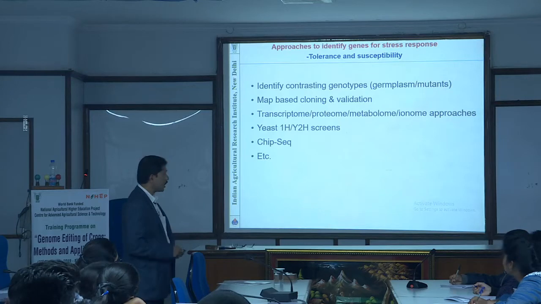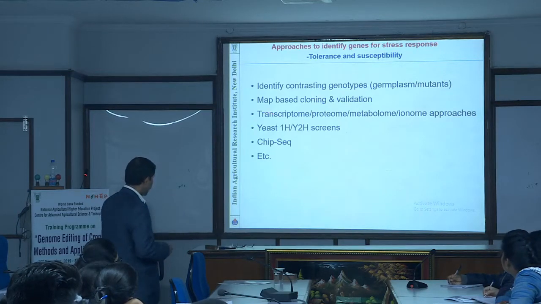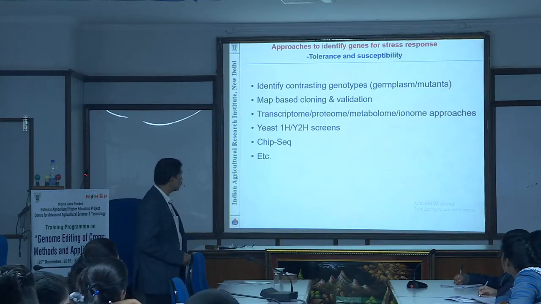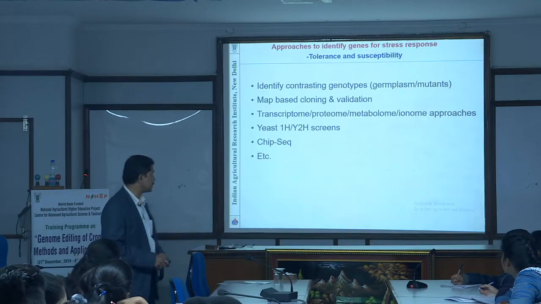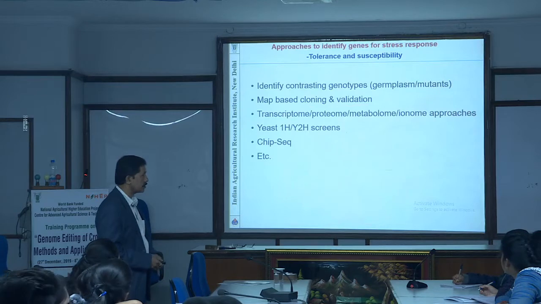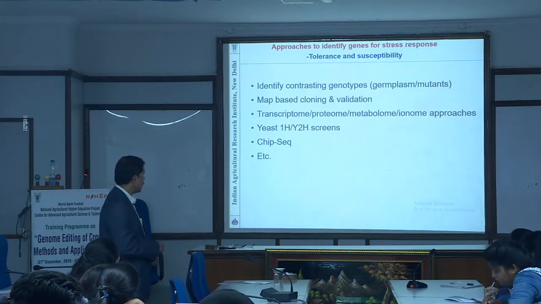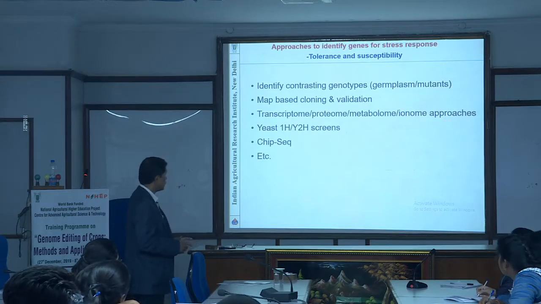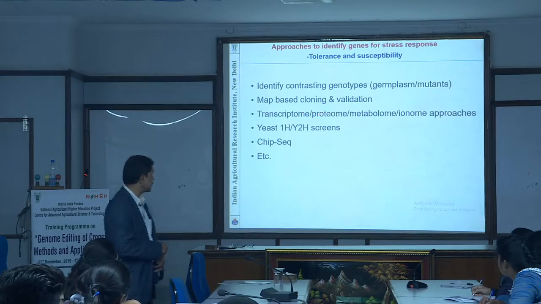These approaches have also generated a lot of information, but often they are limited, as you know that when you impose stress, you see a large number of changes in all of the omes. So that's why it is very difficult to identify what is the causal factor. And also often the stress imposed in many of these studies is not comparable between the genotypes, and that also complicates the inference.